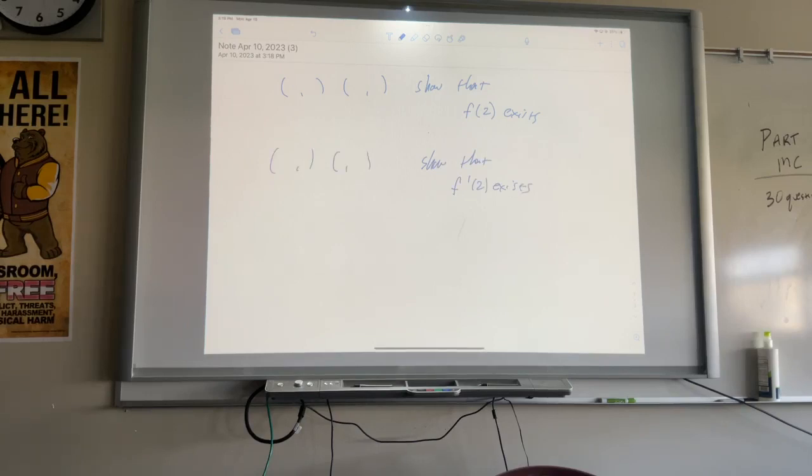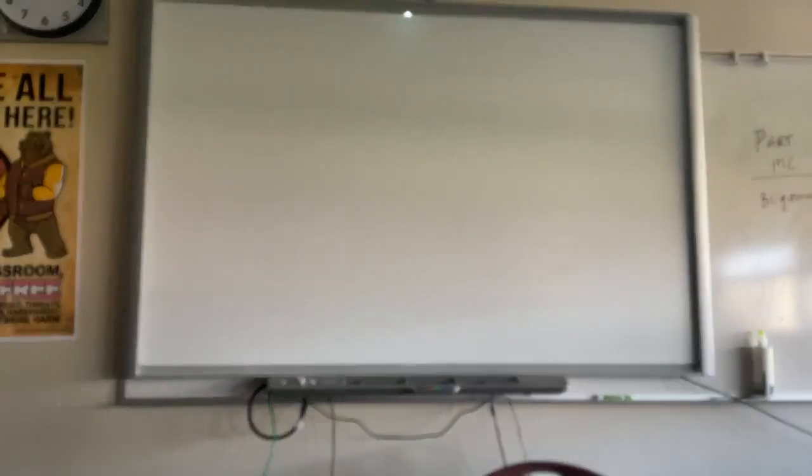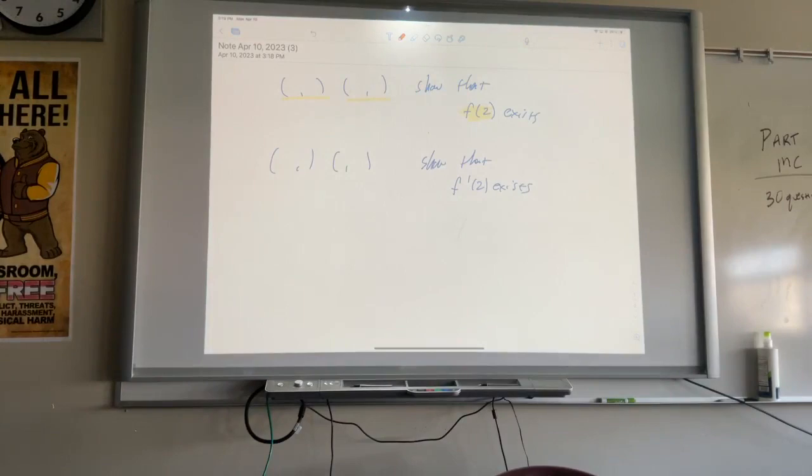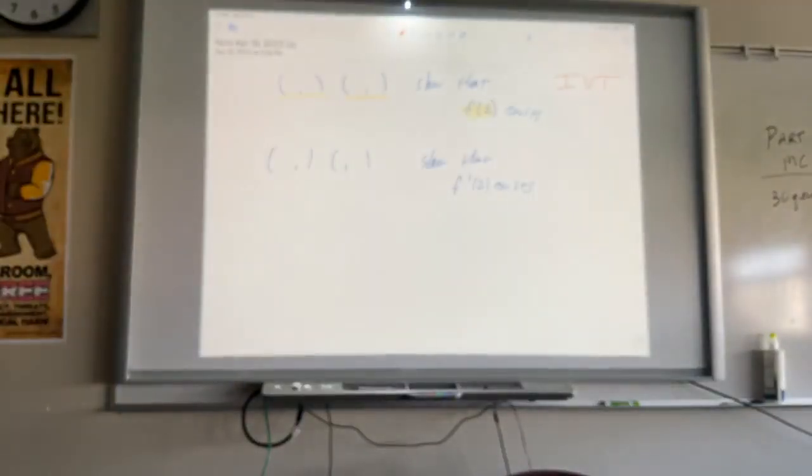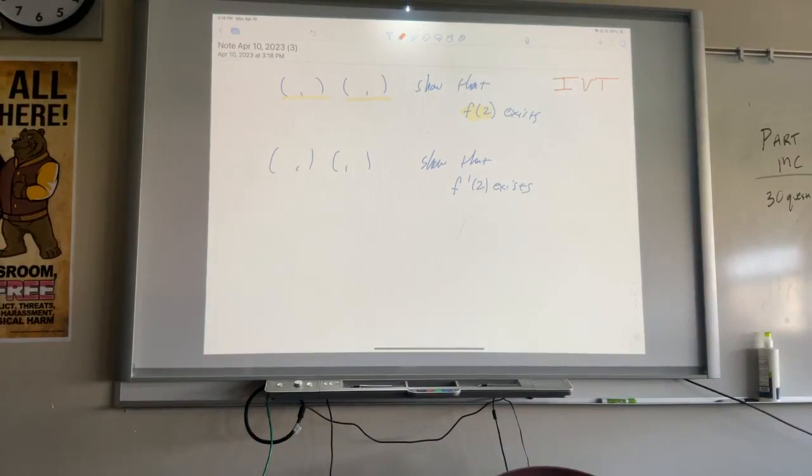Okay, so this is important, guys. I get these screwed up sometimes. I'm trying to get a little bit better at recognizing them quickly. If I'm trying to show that a point exists between 2 points, we use the intermediate value theorem, because there's 2 points, and it has to exist in between.